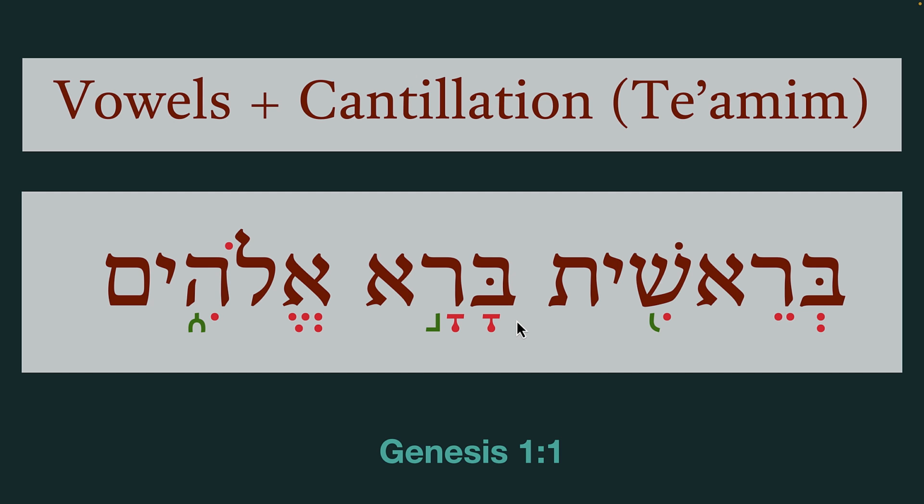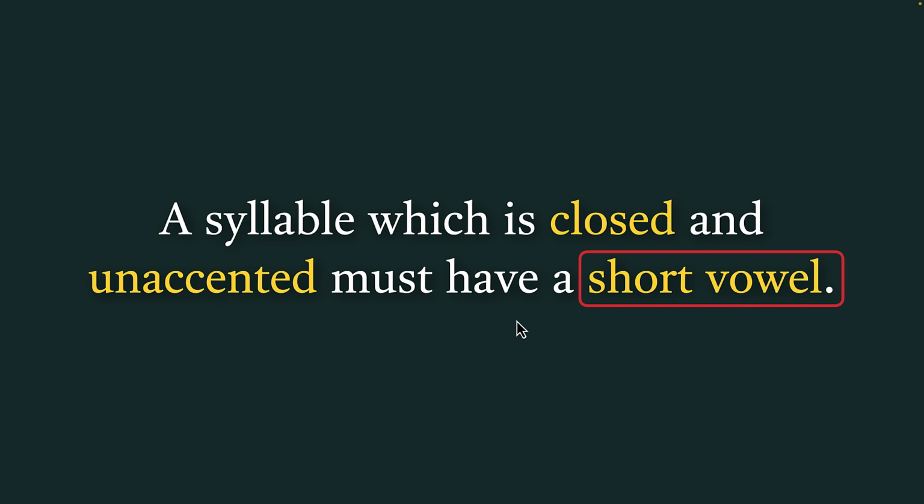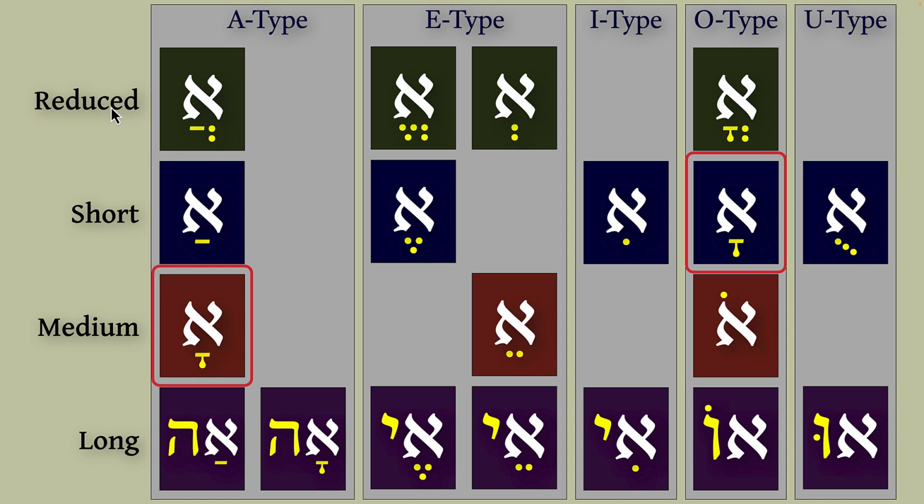You can switch the accents on and off in the Blue Letter Bible as well, which I told you in one of my earlier videos. Now, the last point: a syllable which is closed and unaccented must have a short vowel. We have all these vowels, which I have discussed in a separate video.